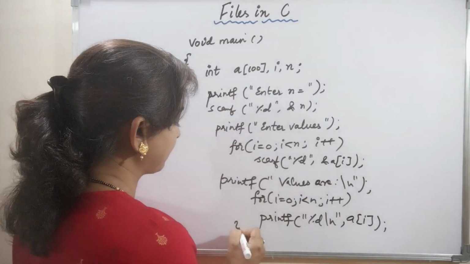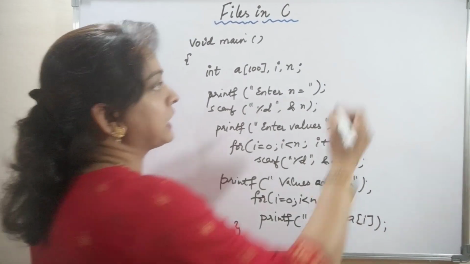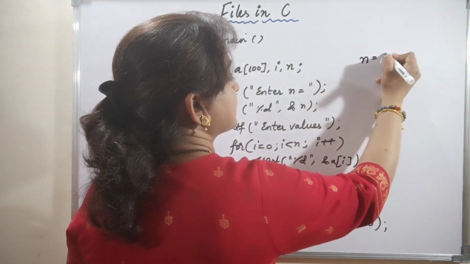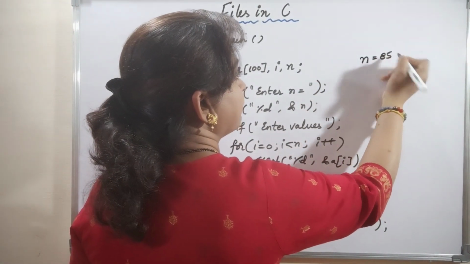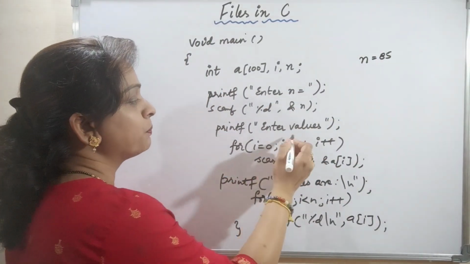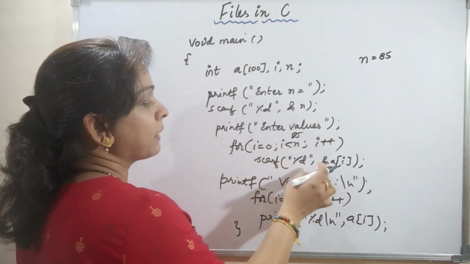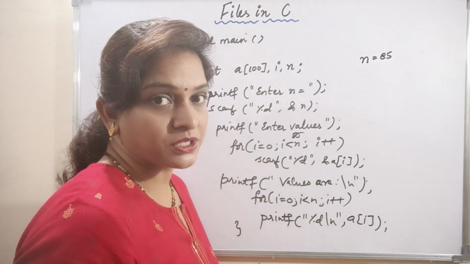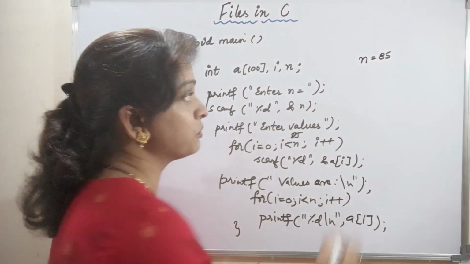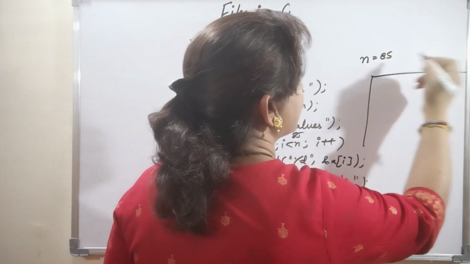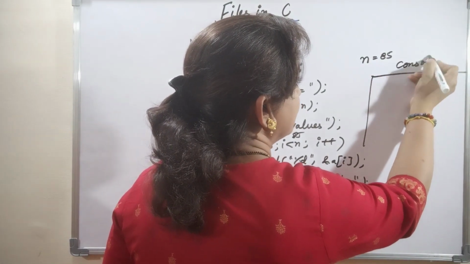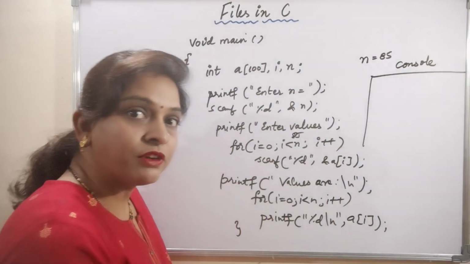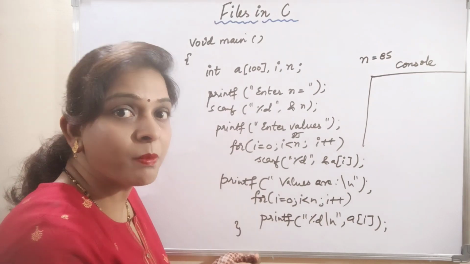Just imagine I am accepting some n values. If I give the value of n as something like 85, this loop runs 85 times and I am going to accept 85 values. And these values that I have inputted from the console will be given to this program at that moment itself.